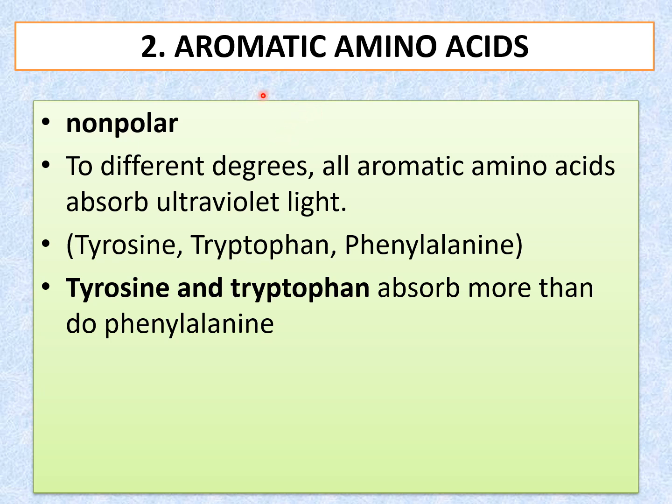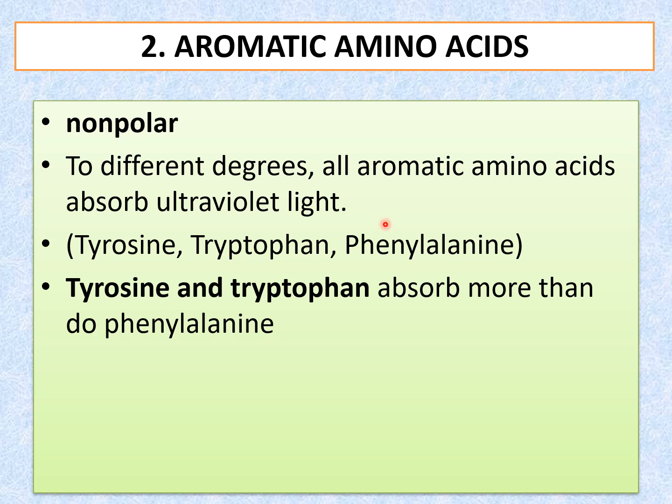Next, aromatic amino acids, or amino acids that basically have benzene rings in their side chains. They are also known as nonpolar and hydrophobic. To different degrees, all aromatic amino acids absorb ultraviolet light. So this is basically one of the characteristics of those aromatic amino acids.